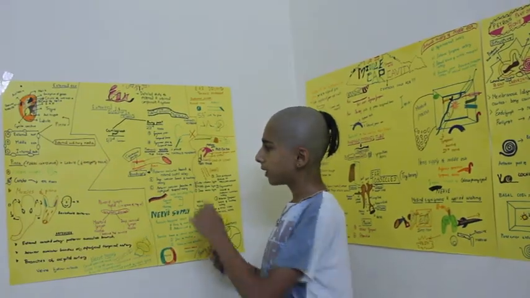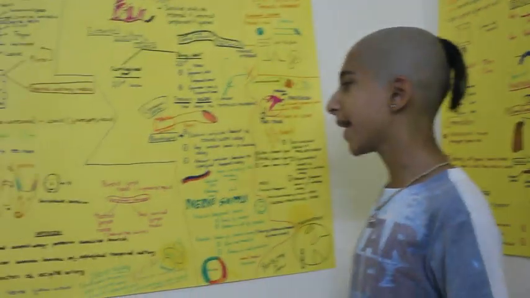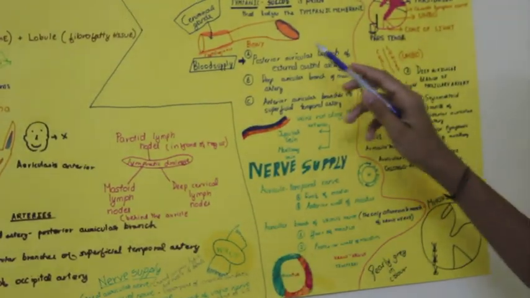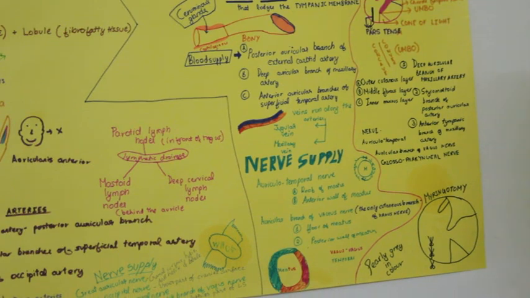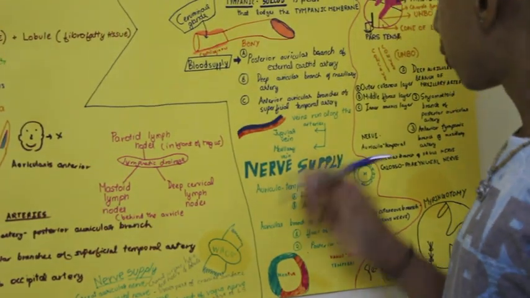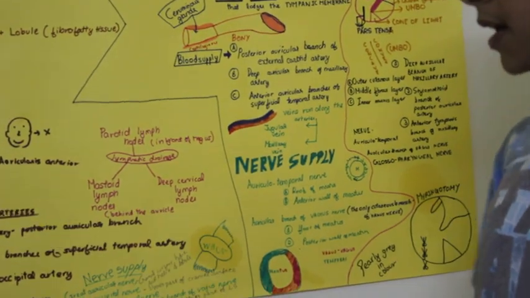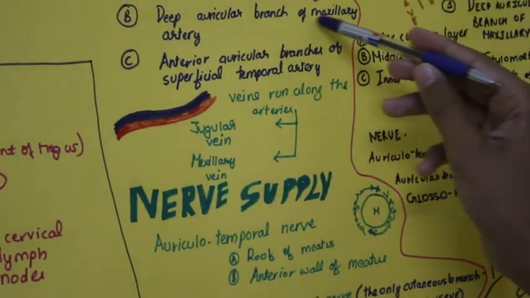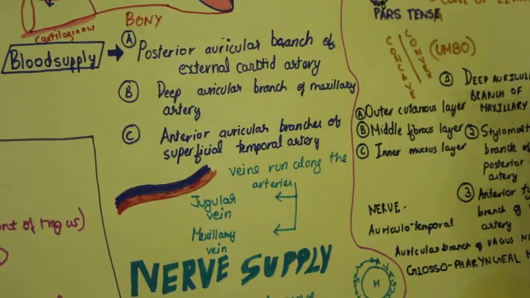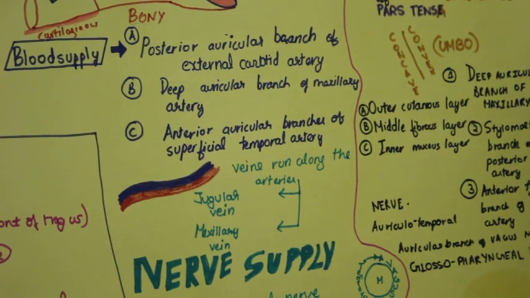And now we'll see the blood supply of the external auditory meatus. The posterior auricular branch of the external carotid artery approaches this. We just now saw this same artery also supplying the external ear. The same artery also supplies the external auditory meatus. The deep auricular branch of the maxillary artery also supplies the external auditory meatus.